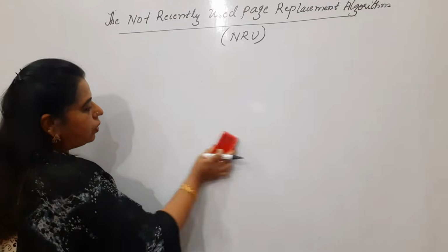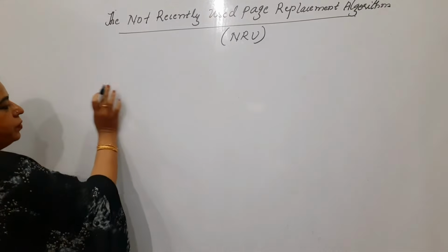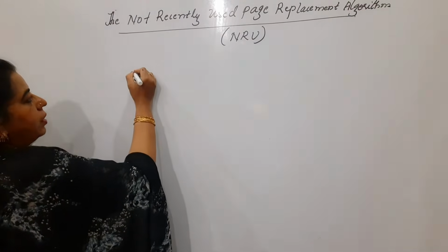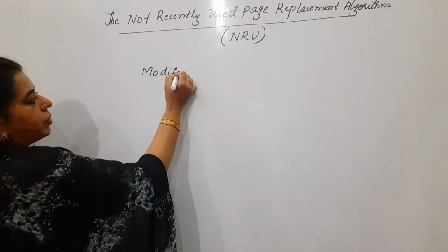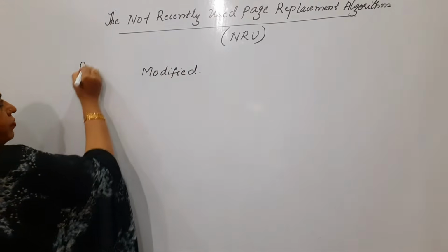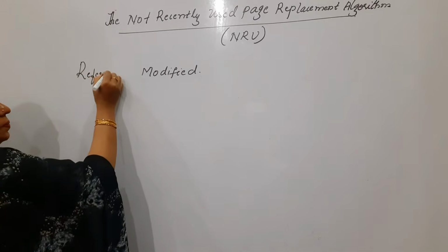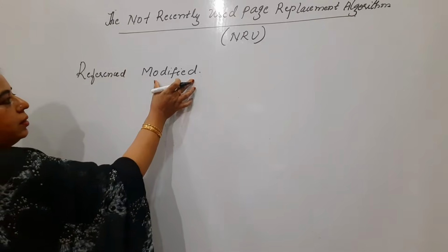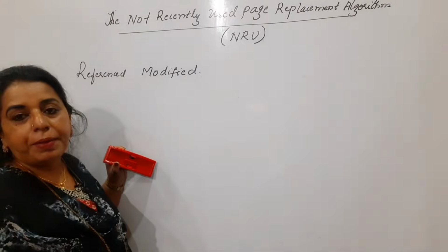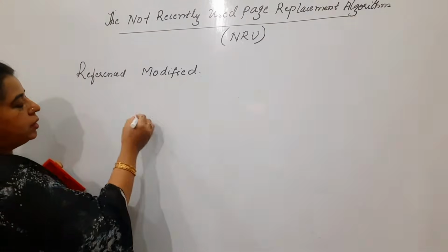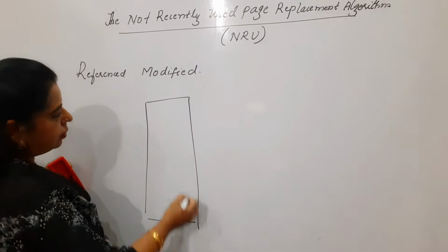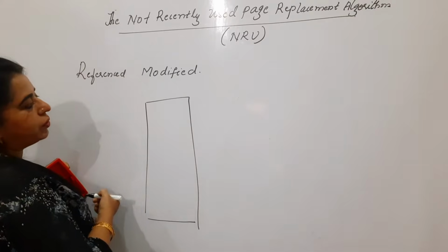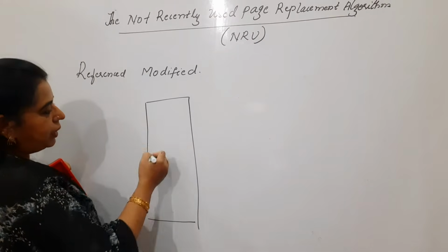Now, not only one type of bit, we have another type of bit called the modified bit, apart from the referenced bit. Now in the page table, suppose this is your physical memory and all the page information for those pages will be present in the page table.